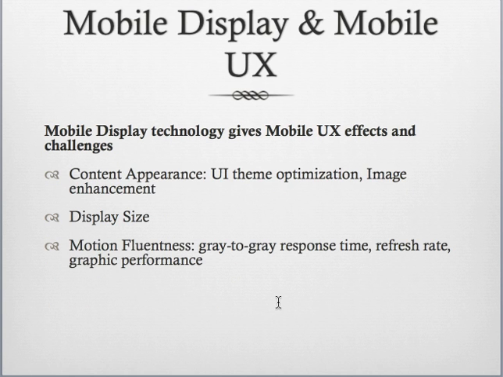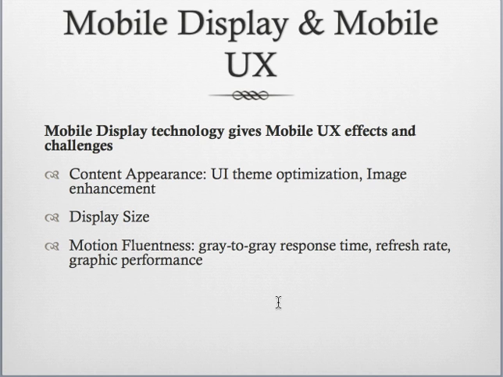And then the content's appearance, like the UI, animations, image enhancement. Those things are used on mobile displays, and when you design the user experience you have to care about them, because they make your users really able to read the screen and know how to use those features.